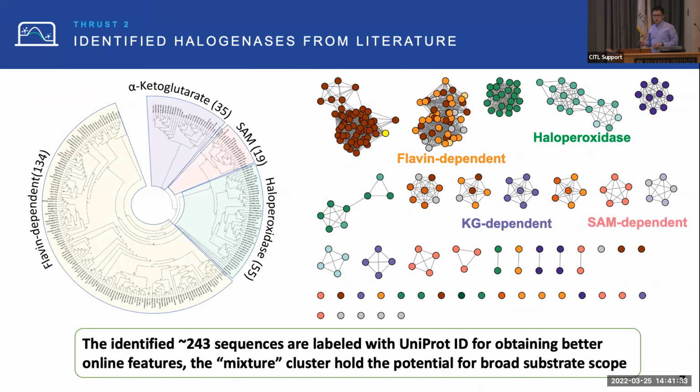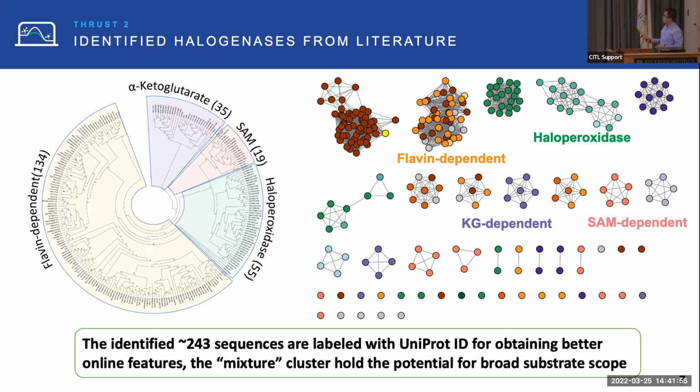By searching the literature, we identified in total about 243 sequences, which are all halogenases. And we also labeled them, linking them with the UniProt ID. Then in the future, we can get enough features from the current database.